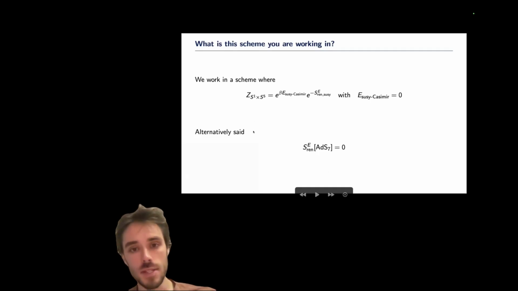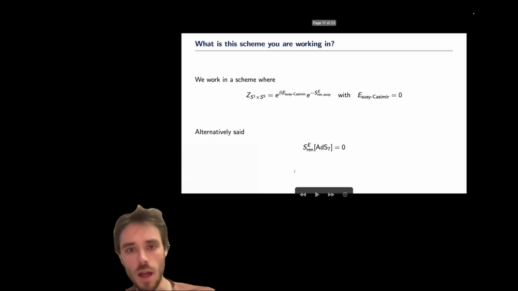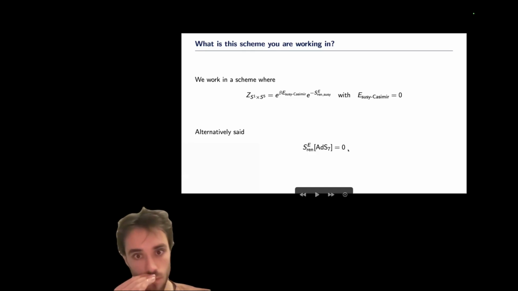Or alternatively said, in a probably more understandable fashion, if I use the scheme with c equals 25600, and I evaluate in this scheme the on-shell action of empty AdS7, I would get zero.